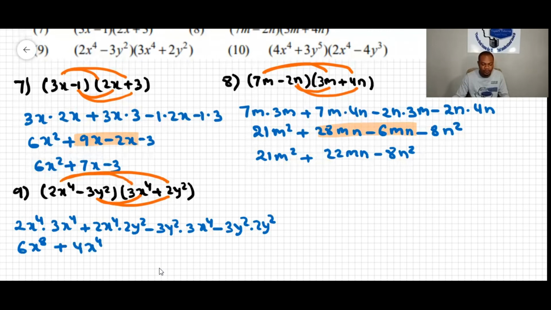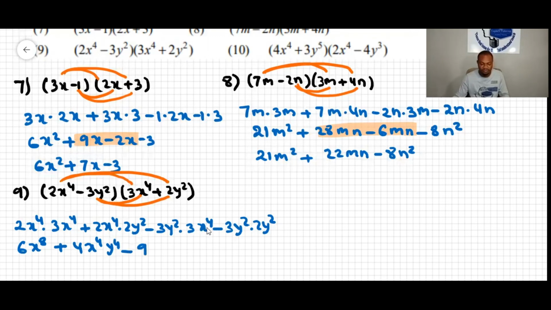4x to the 4 y squared minus 3y squared times 3x to the 4, that will make x to the 4, y squared, and then negative 3 and this negative 3 here, and 3 will make negative 9, and then y squared and x to the 4, they are like terms, so I'll leave it like that.